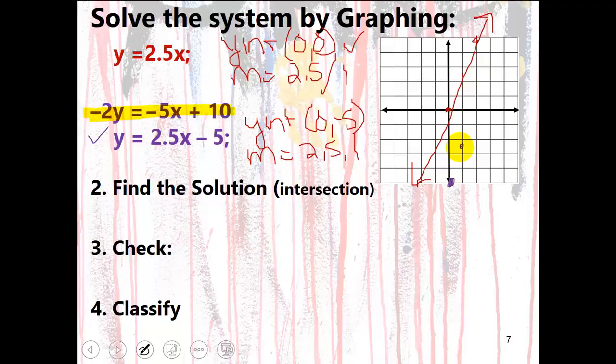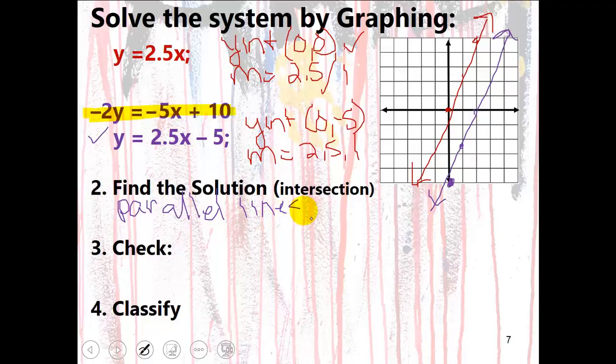And let's see how the slope is the same. These things are never going to touch. So what kind of lines do we have? They're the same slope, different y-intercepts. So these lines are going to be parallel. I know that because they have the same slope, different y-intercepts.